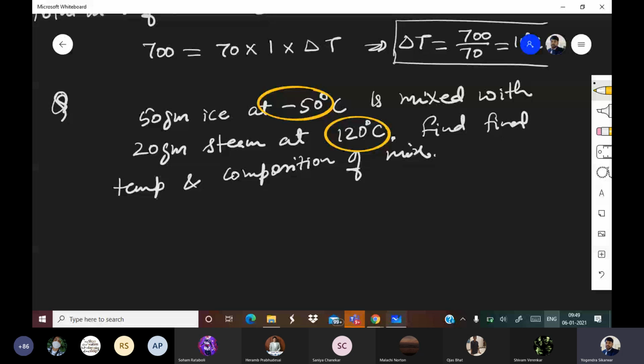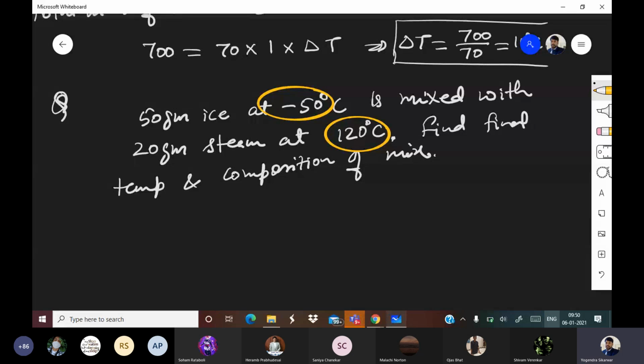Now let me talk to you, Mr. Tanmay. You are saying that the answer is 70 gram of water and the temperature is 110.71. Excellent, but you forgot that above 100 degrees water does not exist.